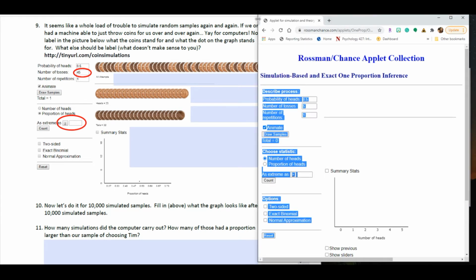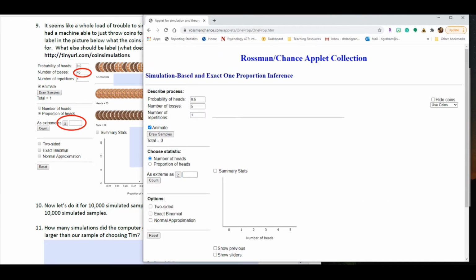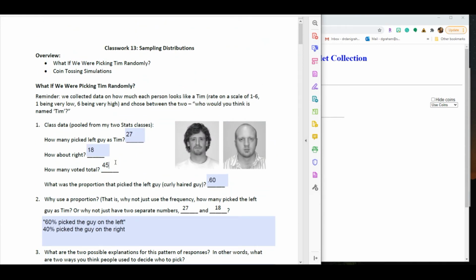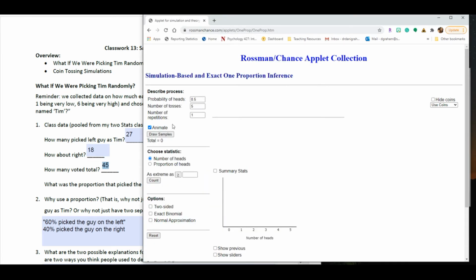So I want this simulation to basically represent, okay, if I ask 45 people, because that's how many we really had in our empirical sample, if I asked 45 people to flip a coin, I think my mouse is dying. There we go. So here we have probability of heads. So this is just asking, is it a fair coin or not? We're going to leave it as a fair coin, 50% chance that it's heads, 50% chance it's tails, because that's what it is, right?